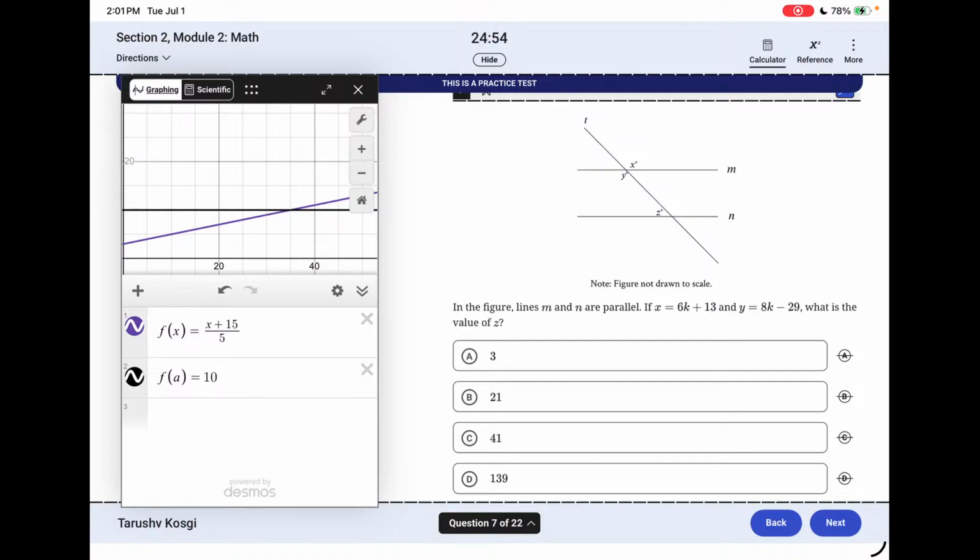Yeah, x and y are equal, but they have different equations, which is interesting. So what's the value of z?